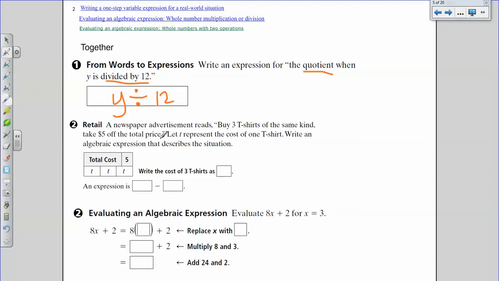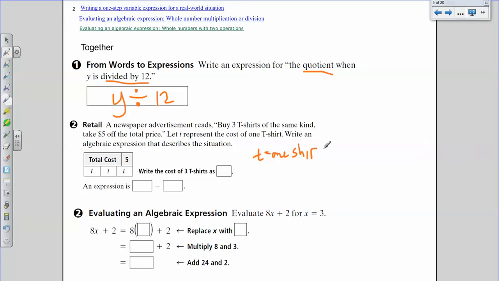Okay, let's look at this next one. A newspaper advertisement reads, "Buy 3 t-shirts of the same kind, take $5 off the total price. Let T represent the cost of 1 t-shirt." We're going to write an algebraic expression that describes the situation. First of all, I need to know the cost of 3 t-shirts. What can I write that as? Well, I know that T is the cost of 1 shirt, right?